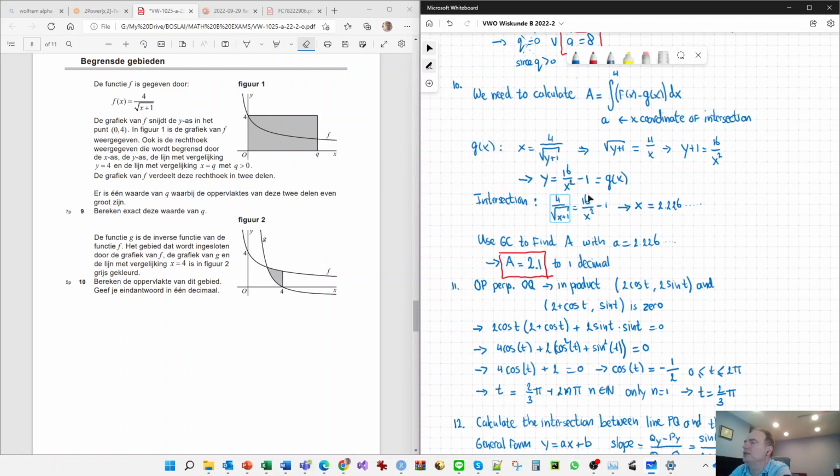This could be a little bit tricky even to do analytically. So doing that, and just keep a couple of decimals for now, you get 2.26. And then the same, since you're basically using the calculator, just do the whole expression by using the calculator. And if you do that, you find, to 1 decimal, 2.1.